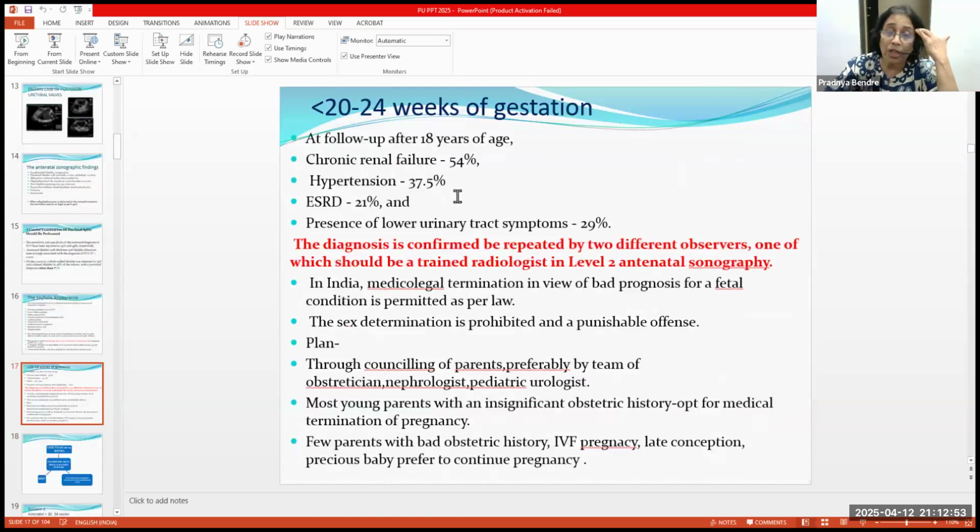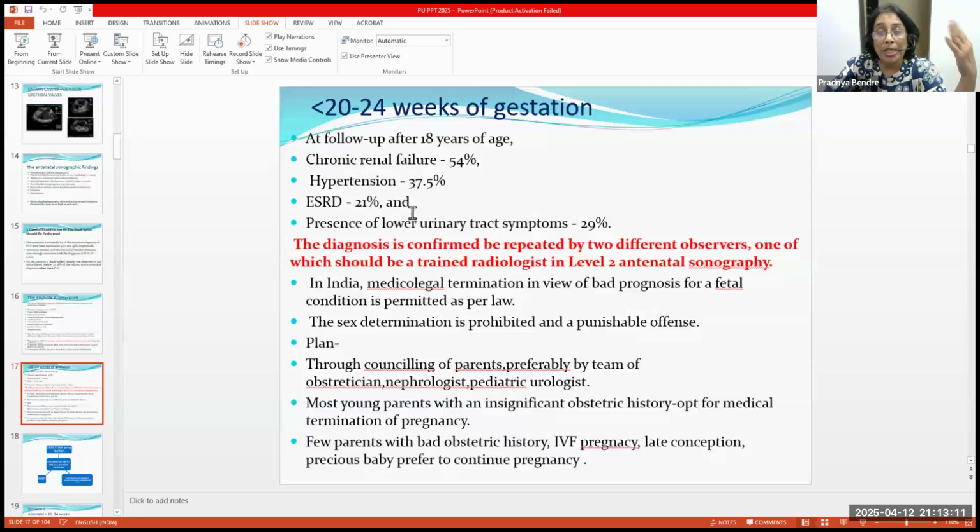When you are counseling the parents, you must know the natural history of posterior urethral valves. We know that 50% of posterior urethral valves go into chronic renal failure, and a significant number of patients would develop end stage renal disease.